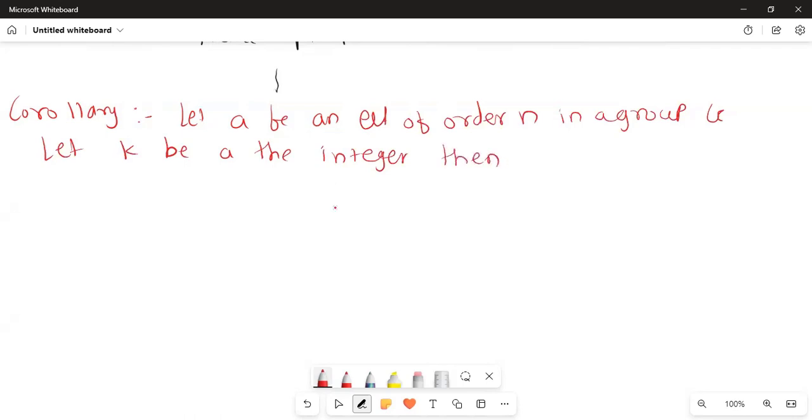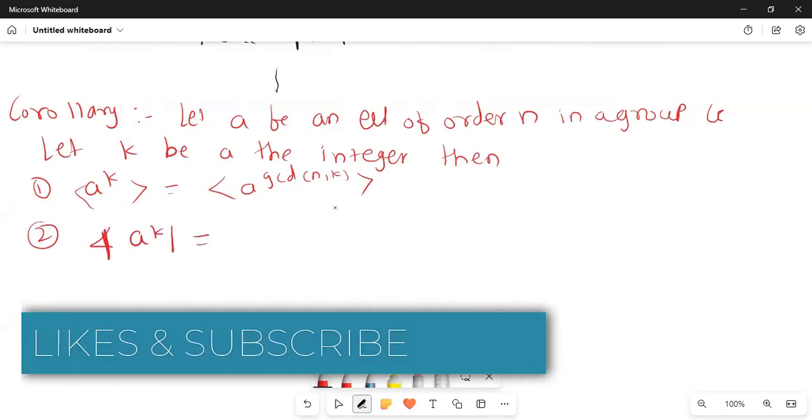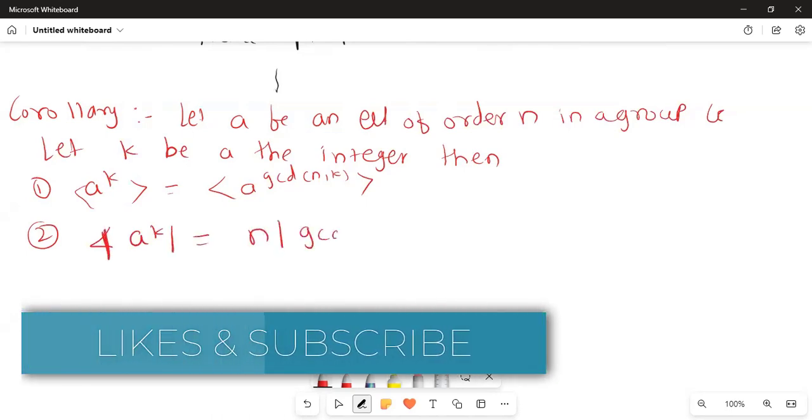Then first, the subgroup generated by a raised to k equals the subgroup generated by a raised to GCD of n and k. And second, the order of a raised to k equals n divided by GCD of n and k.